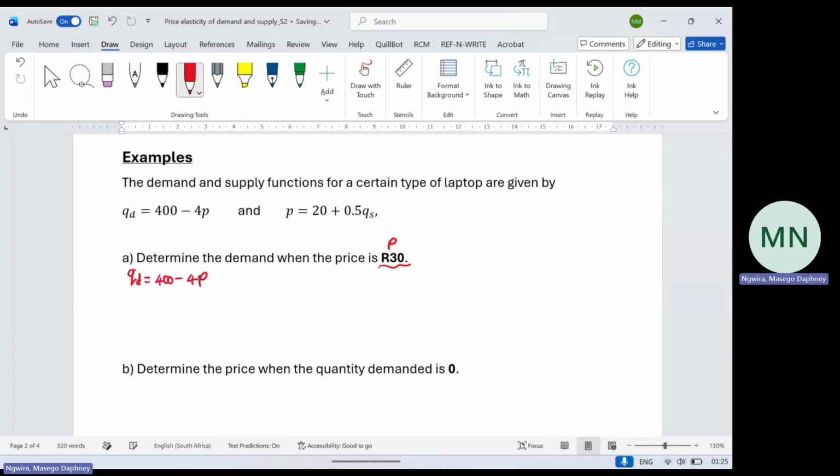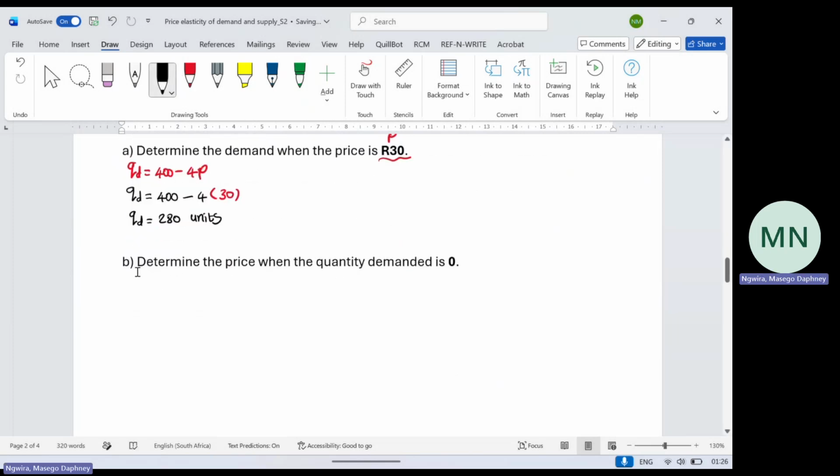I am given the price, so wherever I see P, I'm going to substitute with 30. So we are going to have QD equals 400 minus 4, and then in brackets, we put the 30 rand. And then the answer is going to be 280 units. Use your calculator.